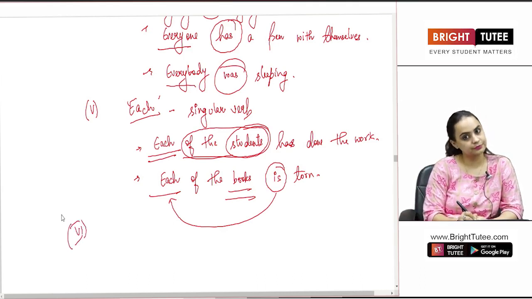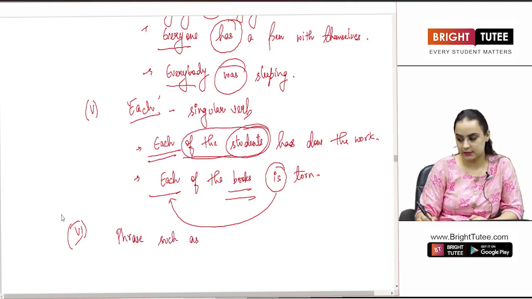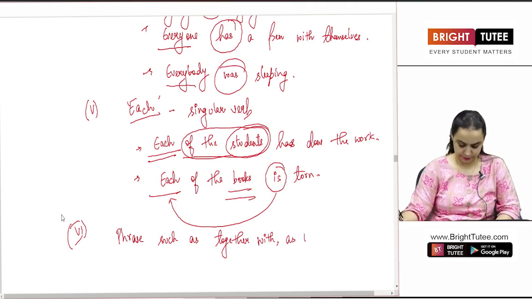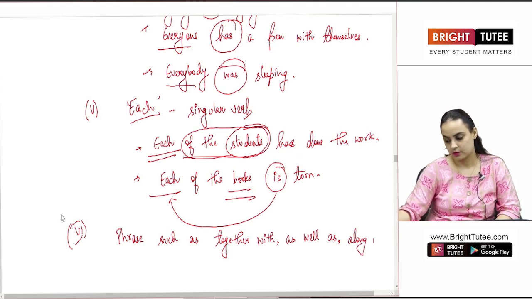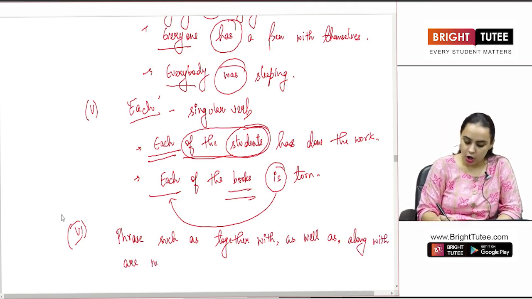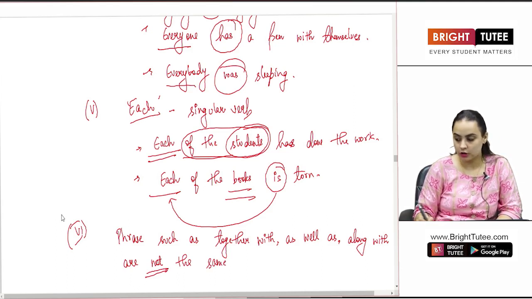Next rule, phrases such as together with, as well as, along with, they are not, I'm emphasizing the word not, they are not the same as and.